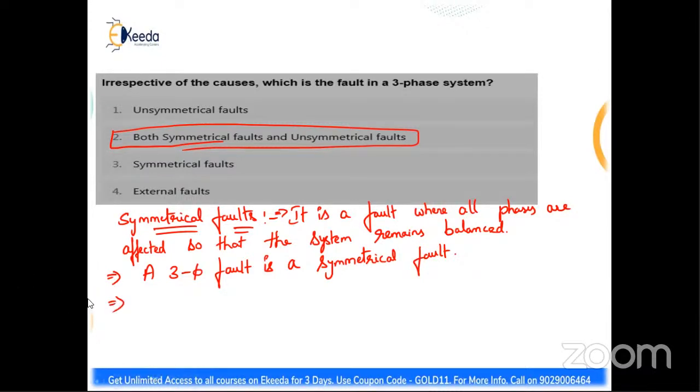So where does this symmetrical fault occur? This symmetrical fault results in balanced conditions. Understood? All the three phases will be balanced. The fault occurring at balanced conditions is called a symmetrical fault.